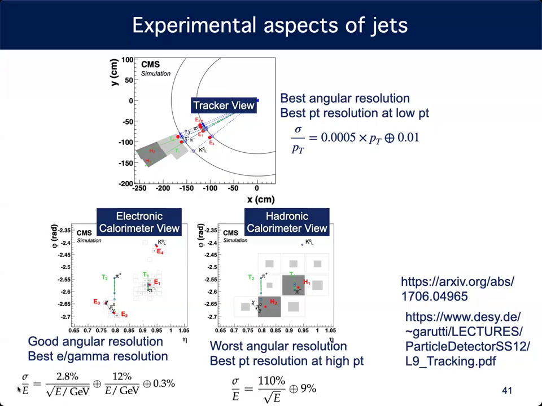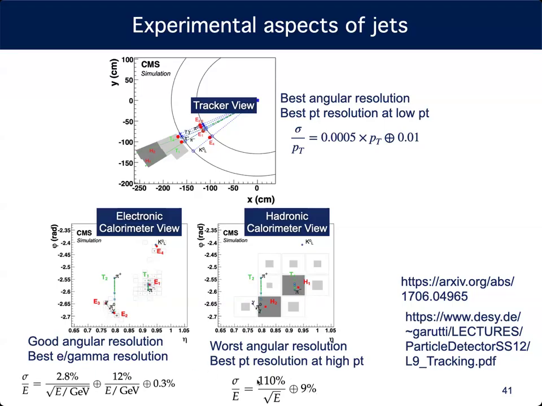Electromagnetic calorimeters, I need to move that thing, but okay. Ours is about 3% over the square root of the energy, added in quadrature with 12% over a linear version of the energy, plus a constant. And our hadronic calorimeter is about 110% over square root of the energy, in quadrature with 9%.